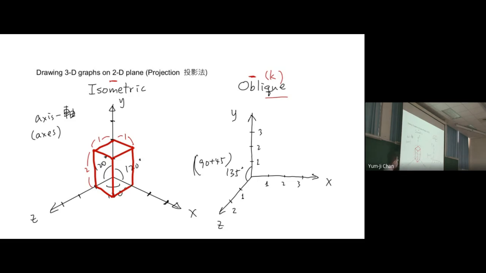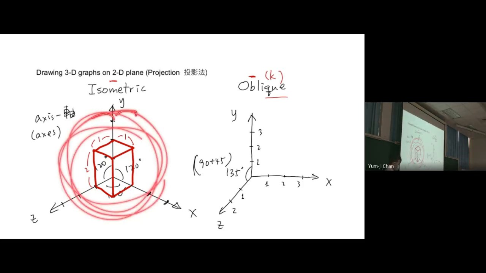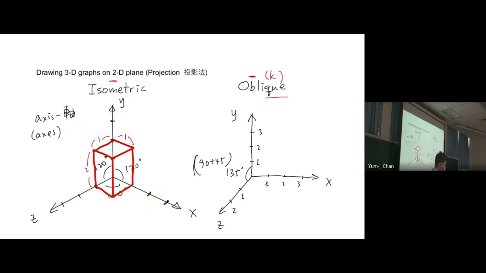So for the same prism, for the same column, or for the same shape on the left-hand side, how can we draw it on the right-hand side? We have our x-axis as 1 unit, and the length in the y-axis is 2 units. So we have it like this, right?